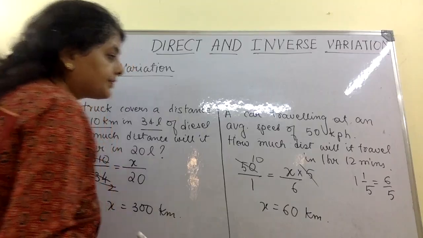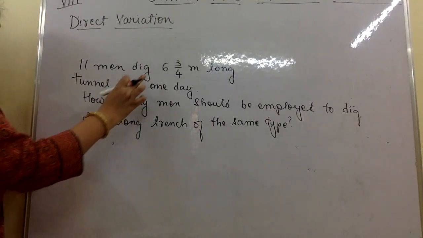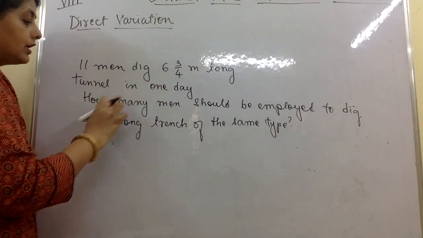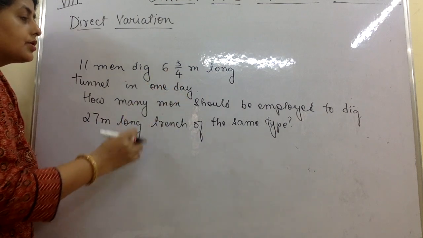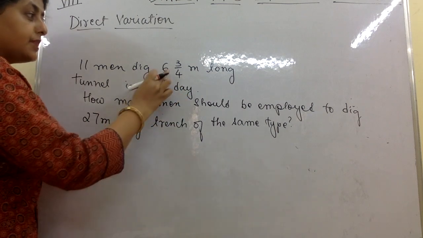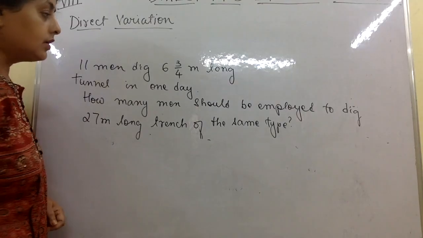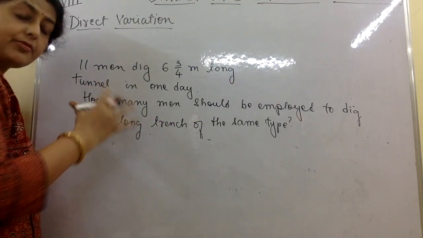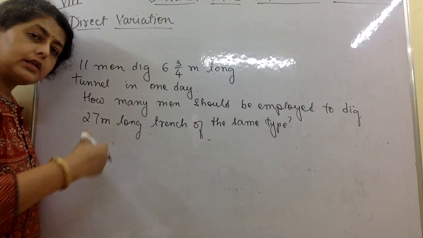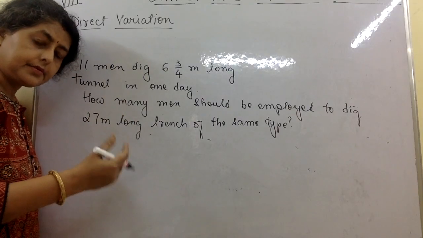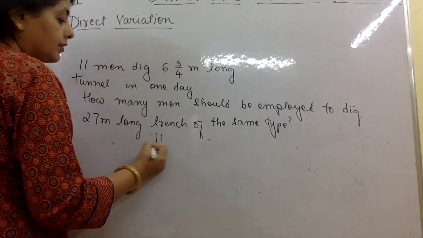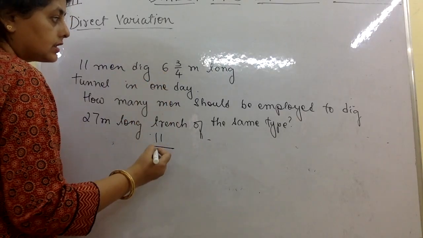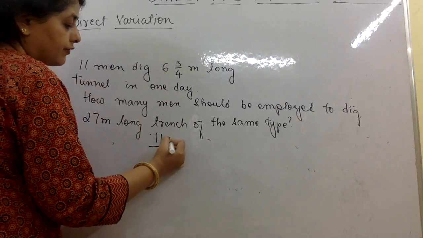Okay, so 11 men dig a 6 3/4 meter long tunnel in one day. How many men should be employed? So this is meter, not men. Now we see here that if the number of men increases, the length of the tunnel will also go higher. Now 11 men, 6 3/4 is 27 by 4.